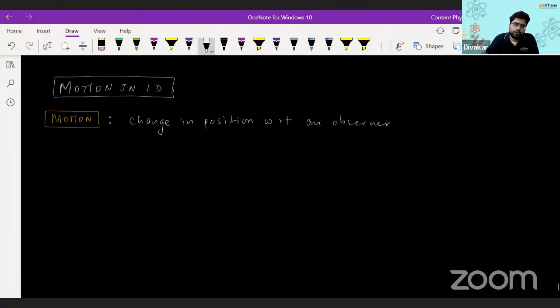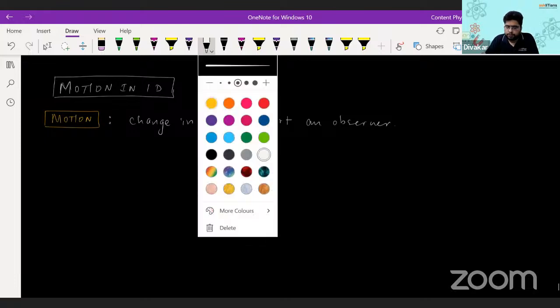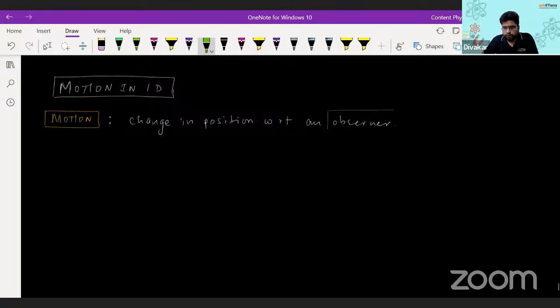When you're talking about an observer, it could be a person who is seeing the motion, or it could be a reference point with respect to which you are defining motion. In either case, it will be somewhere, a physical location.